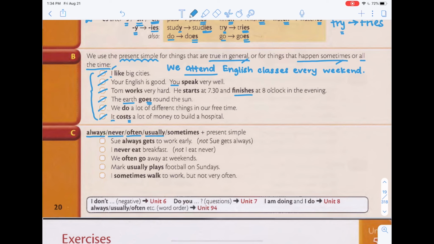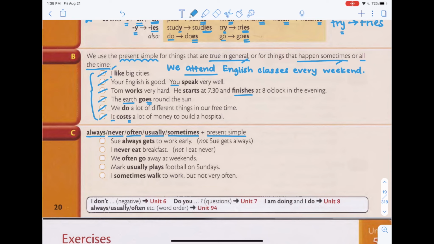Usually means it happens most of the time. And sometimes, which is only once in a while. Often is what happens most. So always, never, often, usually, sometimes. You could use these before the present simple. So this is how you would use present simple to talk about something that only happens sometimes.